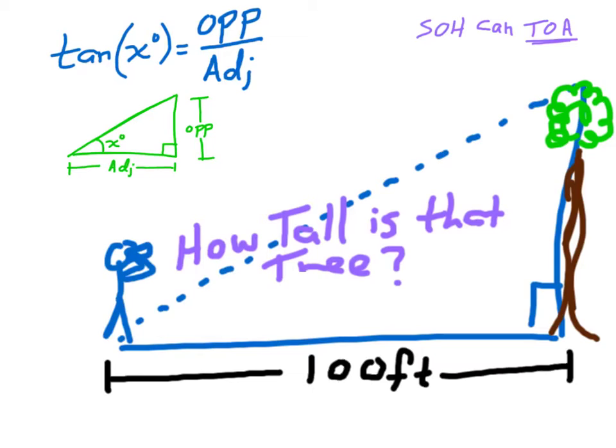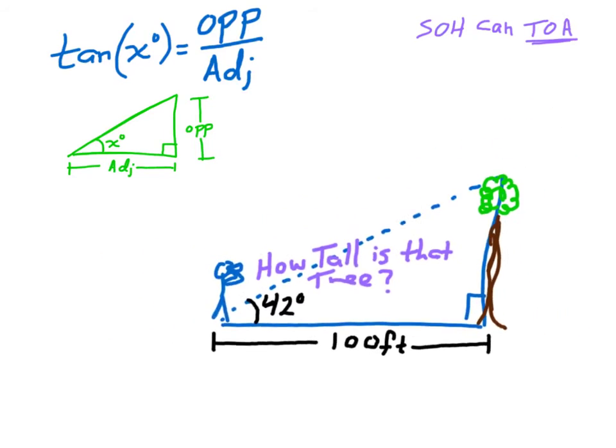And because we were a surveyor, we would be using a thing called a plumb bob, so we could also figure out that this angle right here happens to be, I don't know, it looks more like maybe 42 degrees.